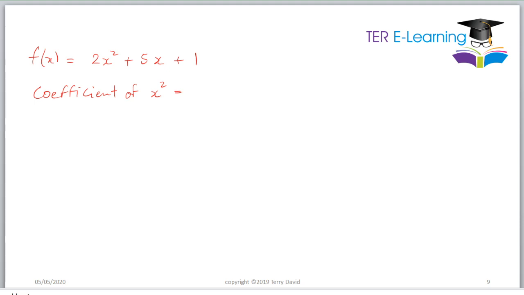Alright, I'm seeing everybody telling me 2. So we're looking at the equation. The first thing you need to do is identify where the x squared is. This is the x squared here. The coefficient is the number just in front of it. So this is 2. Therefore, my coefficient of x squared is 2.